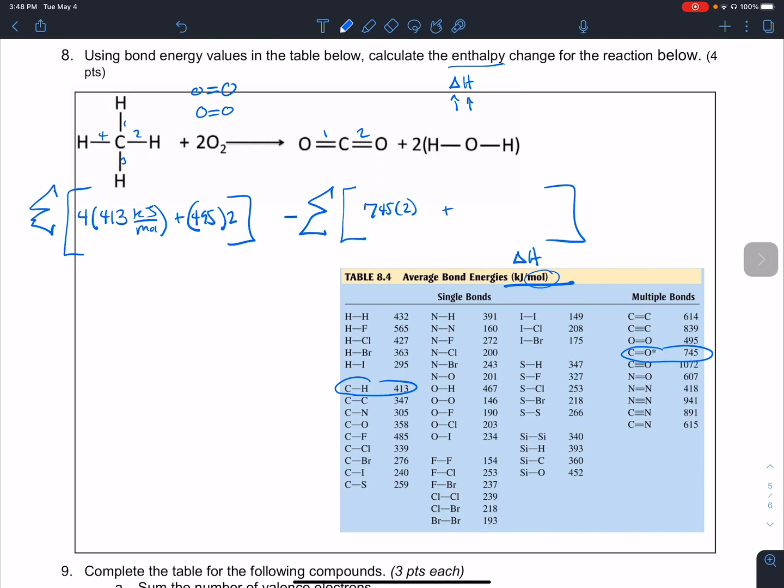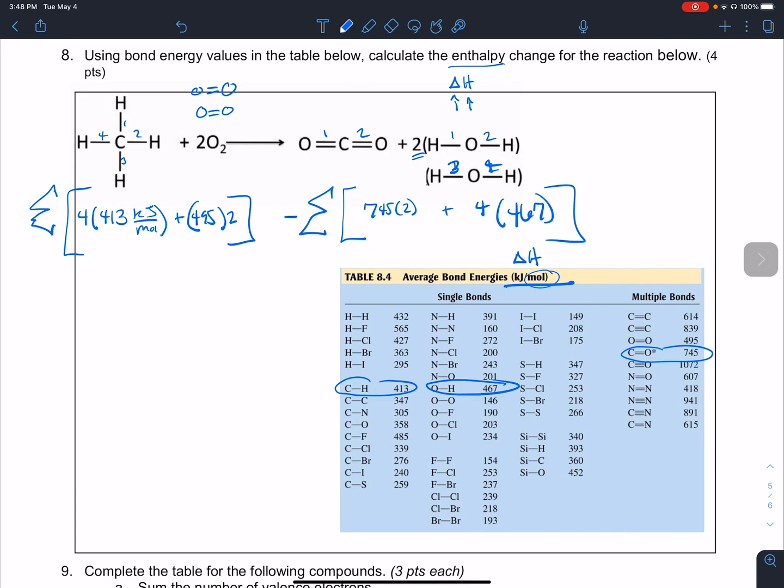And this one's interesting because you have an O-H bond twice, but then you see that 2 in front. So can you mentally kind of copy that molecule and paste it? So actually, you're going to have an O-H bond 4 times. Okay, so that's 4 times whatever the enthalpy change for forming an O-H bond is. 467.